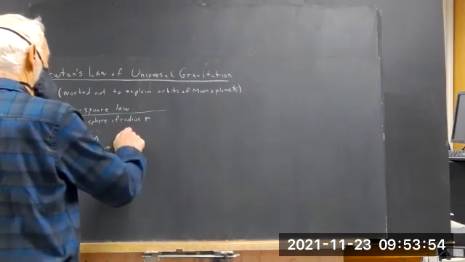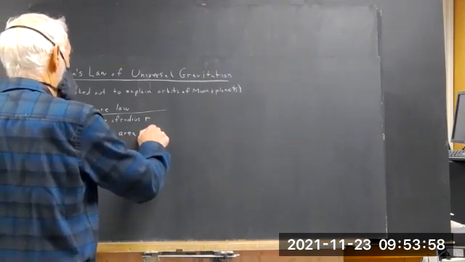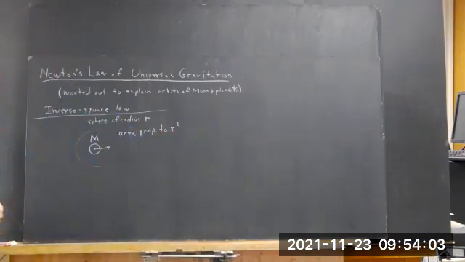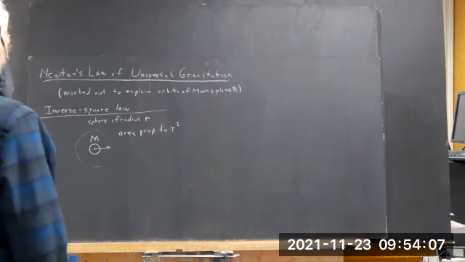So you've got a sphere of radius R. Area is proportional to R squared.